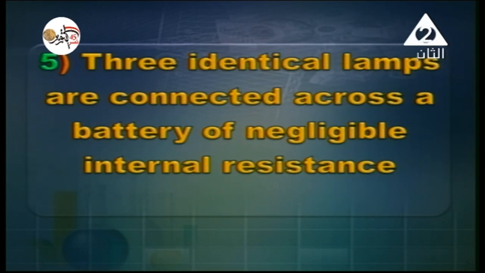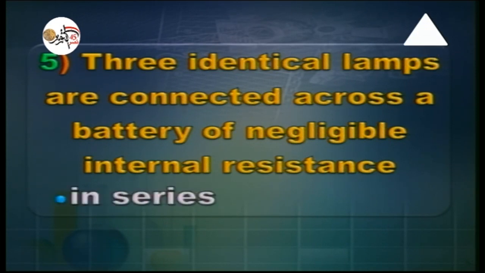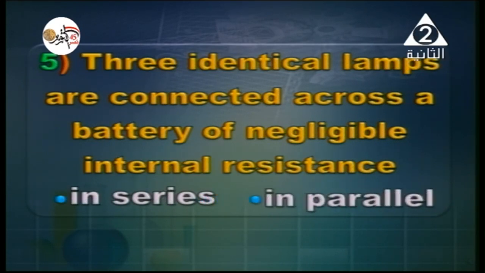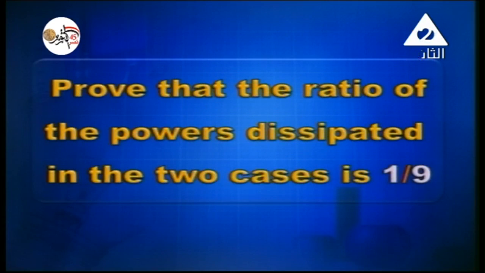So we've got 3 equal resistors connected to a battery of negligible internal resistance, once in series, then in parallel. Prove that the ratio of the powers dissipated in the 2 cases is 1 to 9.